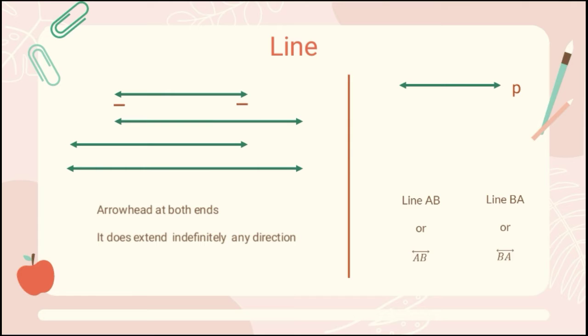This can be called line p. Or we can draw a line like this and mark two points A and B. This will be called line AB. Line AB can also be written as AB with a tiny line drawn over it, and it can be called line BA or BA with a tiny line drawn over BA.